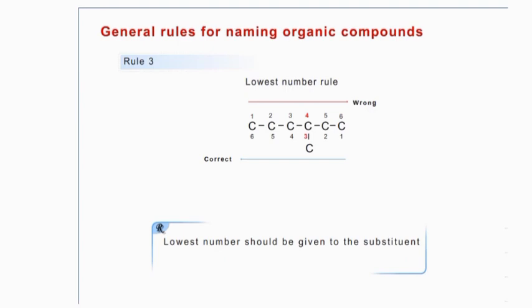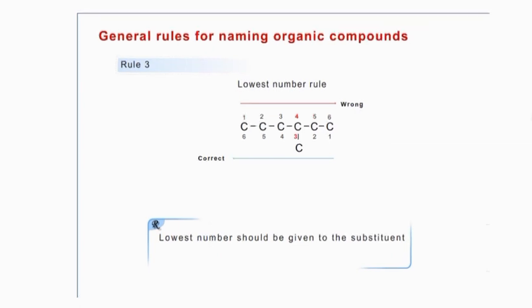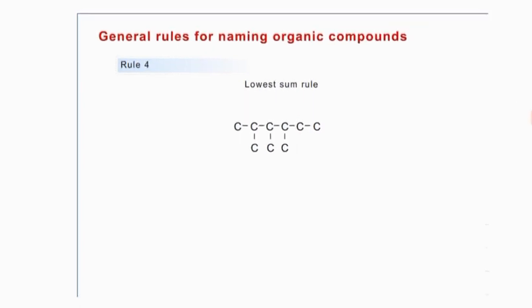This is what we call the lowest number rule, also called the lowest locant number rule. So please understand, if there is a substituent on the longest possible chain, the carbon atom where the substituent is attached must have the lowest possible number. That is rule number 3.